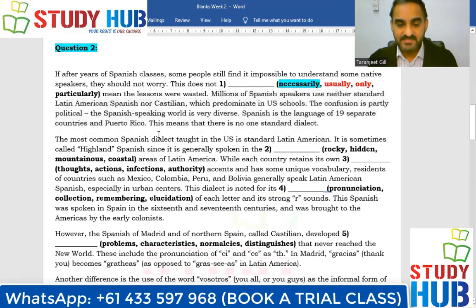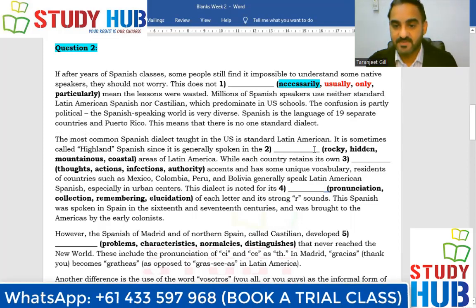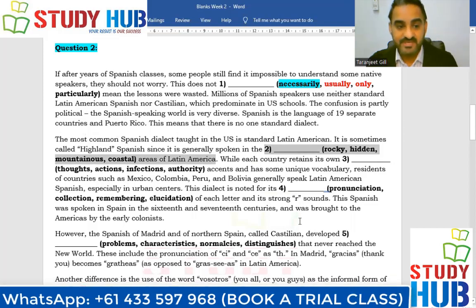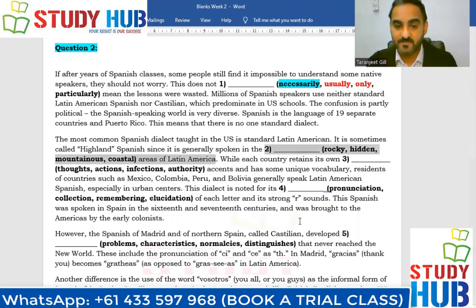The most common Spanish dialect taught in the US is Standard Latin American. It is sometimes called Highland Spanish since it is generally spoken in the dash areas of Latin America. So if you try to solve this question by just looking at this context here, we can say rocky areas, hidden areas, mountainous areas, coastal areas.